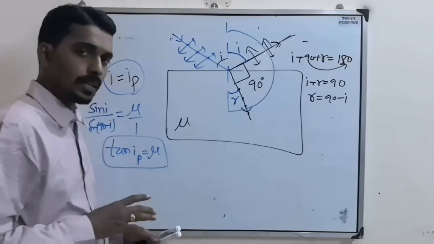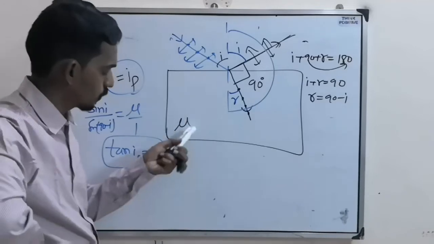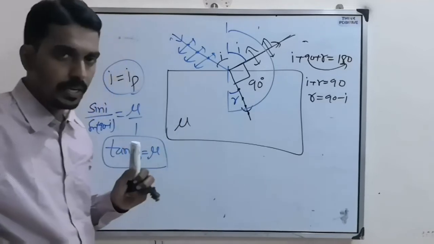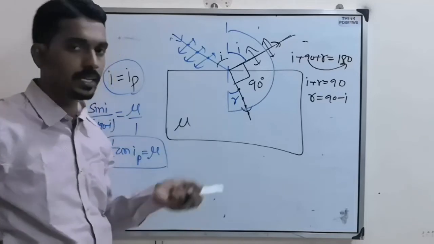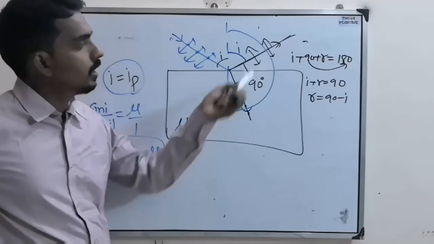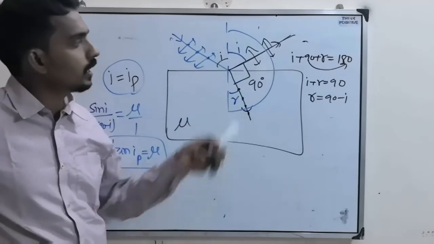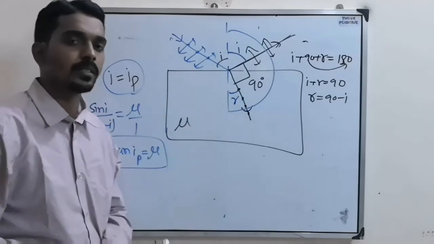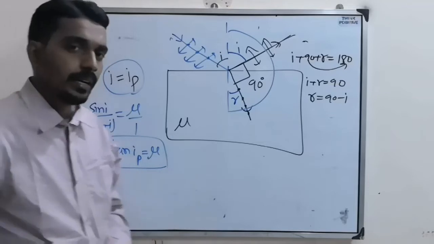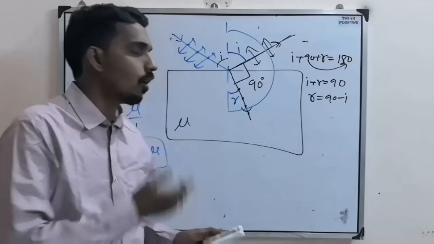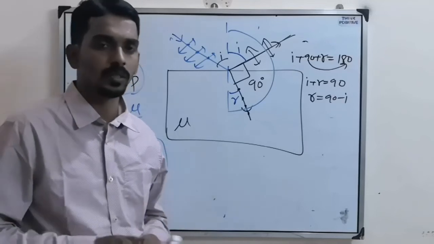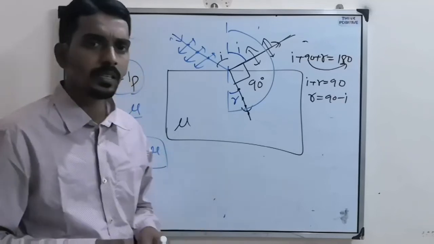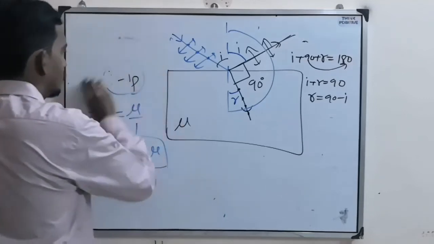So for a particular material of refractive index mu, if this condition is satisfied, that angle of incidence is called the Brewster angle or polarizing angle. At that angle, the reflected and refracted rays become perpendicular and both become polarized light. This is called polarization by reflection or refraction. So based on this also they can ask questions. Usually they will ask based on these things.